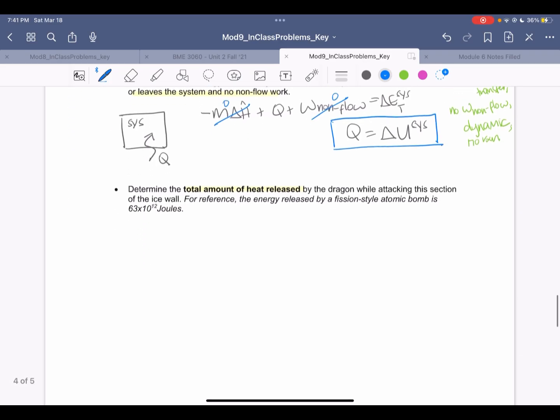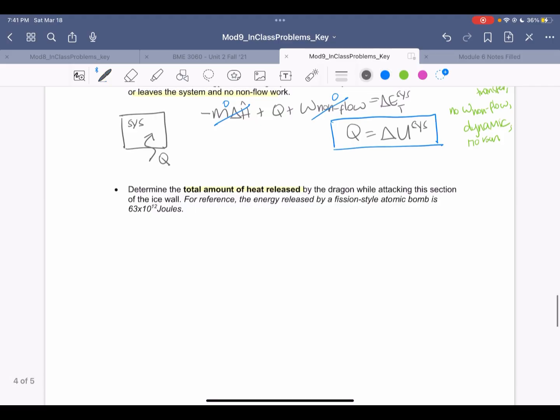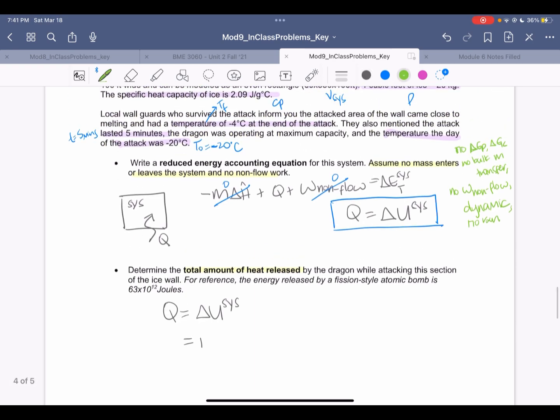Now I can continue working with that equation. Q is equal to the change in internal energy of the system. Another thing I should mention here is that I'm going to assume constant volume.